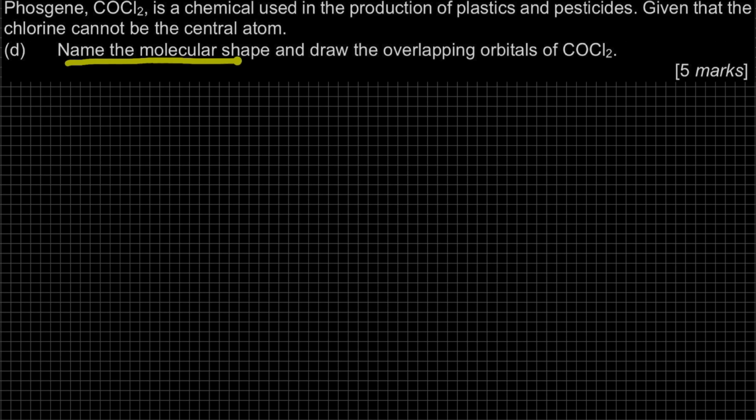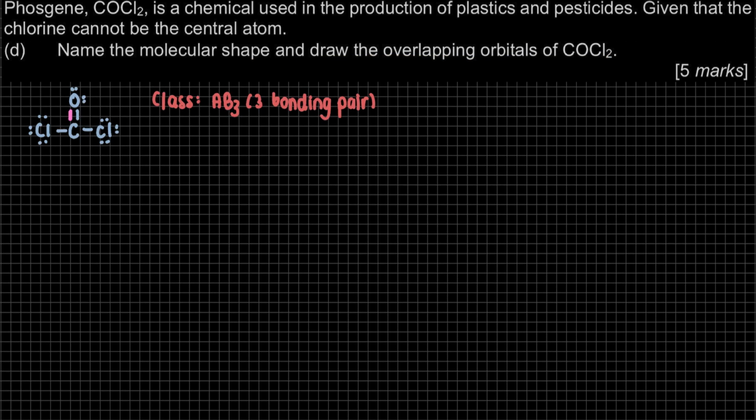Question D, name the molecular shape and draw the overlapping orbitals of COCl2. From the previous question, we have determined that the class for our central atom is AB3, which means that it has 3 bonding pairs. Since it has no lone pair, we do not write down the E. So for the molecular shape, first, you need to write down the EPG, which is the electron pair geometry.